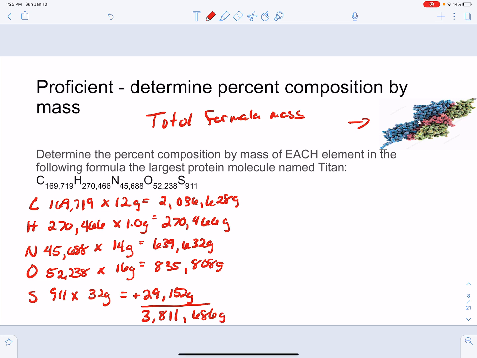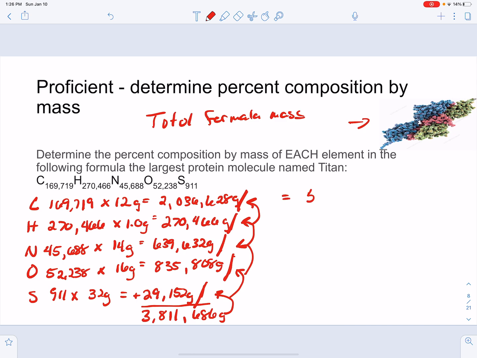Now if I divide all those numbers by my 3 million and take that times 100, I'm not going to rewrite my 3 million over and over again. I am going to get the following percents.